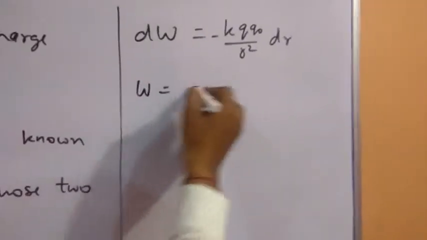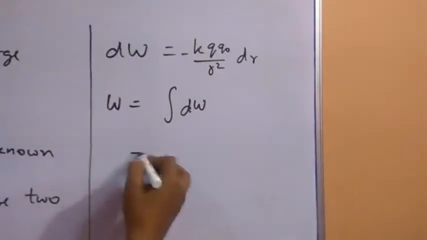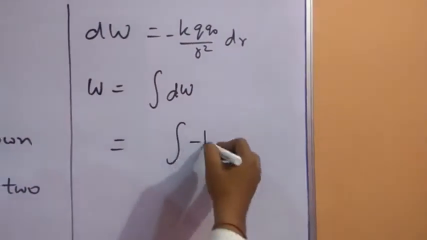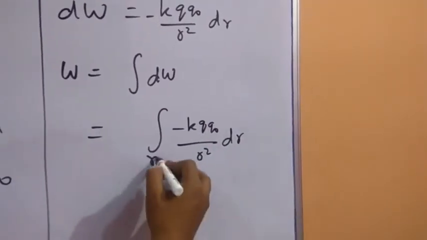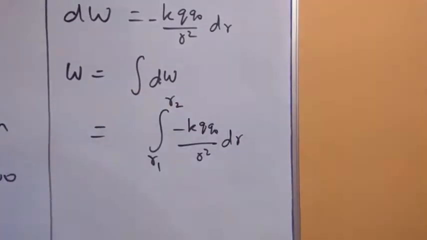Then the total work done will be integration of this dW. It is equal to integration of minus K Q naught by R square dr from limit R1 to limit R2.